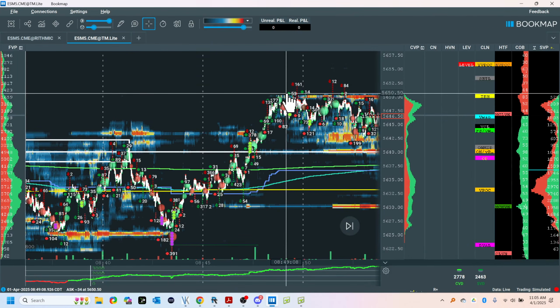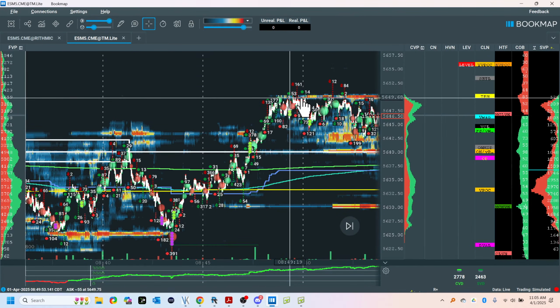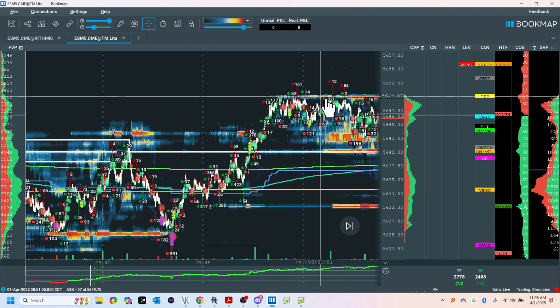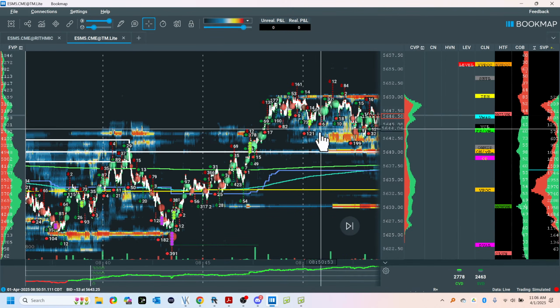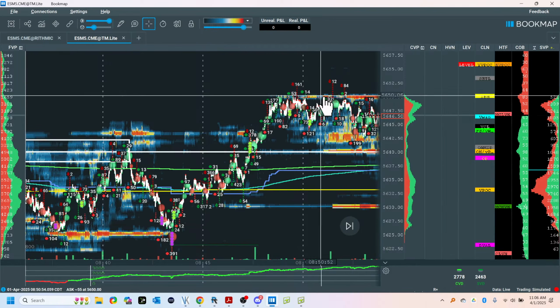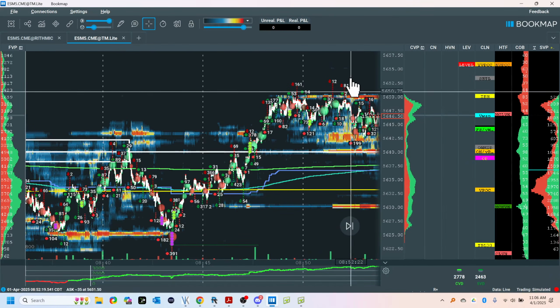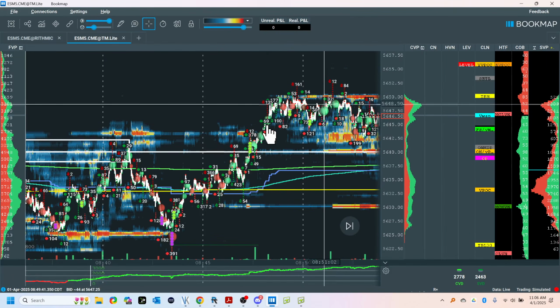Now, I want you guys to understand, when liquidity comes in here, it's not a mechanical process. The fact that this shows up doesn't mean the market will bounce off it. It can show up and then pull. And then, it's like a lid off a pot. At least that's the way I think about it. So I don't know what's going to happen.